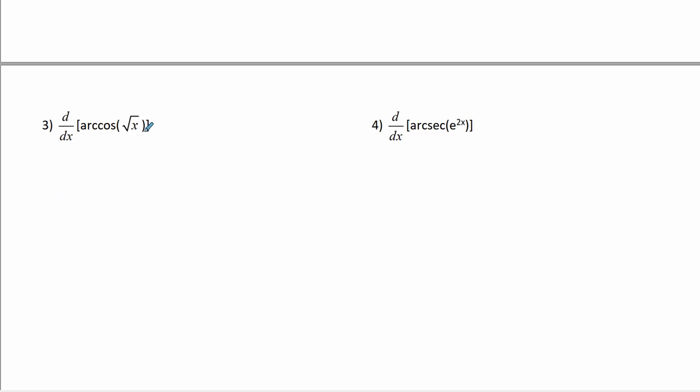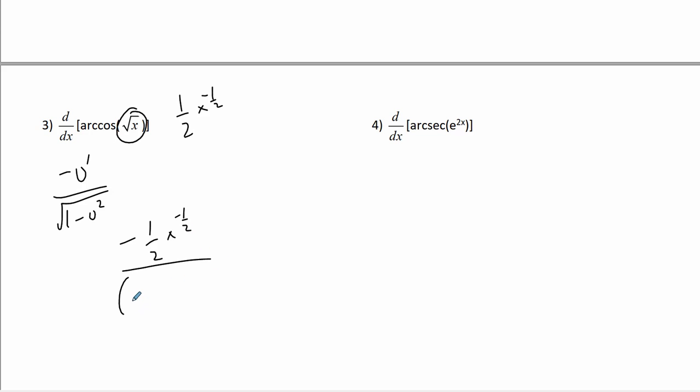Arccosecant of the square root of x. Remember, arccosecant is negative u prime over the absolute value of u times the square root of u squared minus 1, so u prime is going to be 1/2 times x to the negative 1/2. So I get negative 1/2 x to the negative 1/2 over the square root of 1 minus x, because the square root of x squared is x.